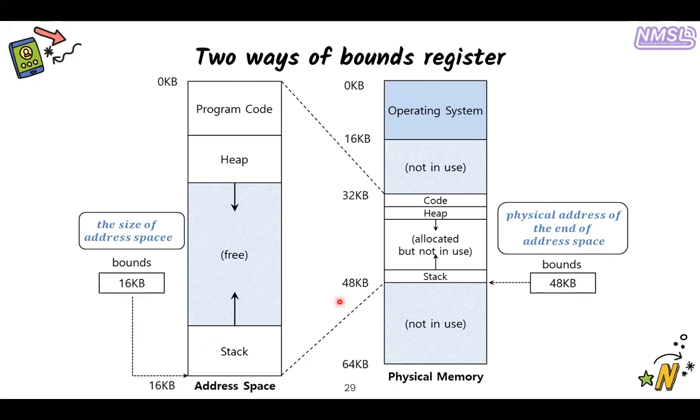Or one could elect to explicitly specify the end of the address space in the physical address. In this case, I started at 32, the limit is 16, so it'll be 48. So there are two different ways of actually stating the bounds. And I think the textbook actually sticks to the actual limit, the size.